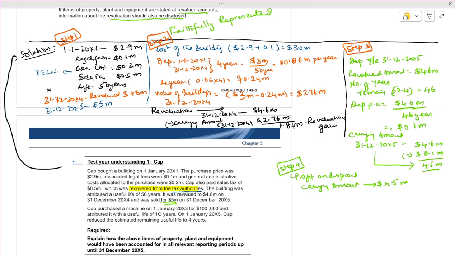Is it right? The sale proceeds are how much? Sale proceeds are 5 million. Okay, so what is the profit? Profit is 0.5 million. Is it? This is the profit on disposal.